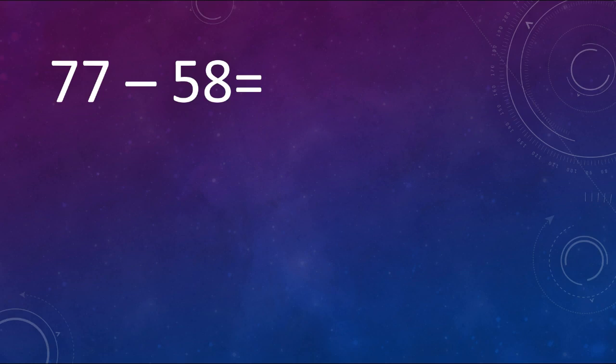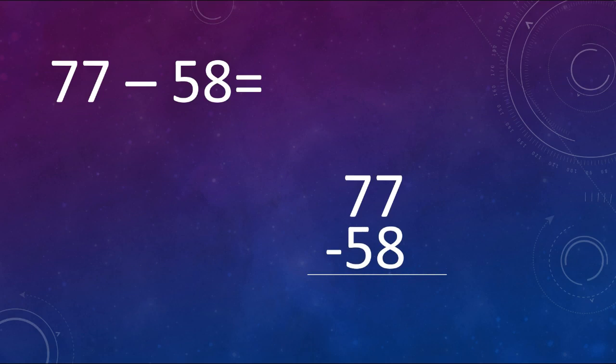All right, let's see how you did here. 77 minus 58 equals. Do we need to borrow or take any tens from this 7? Yes, we do. We cannot take 8 from 7. So this first 7 is going to give 1 ten to the other 7 to make it 17.